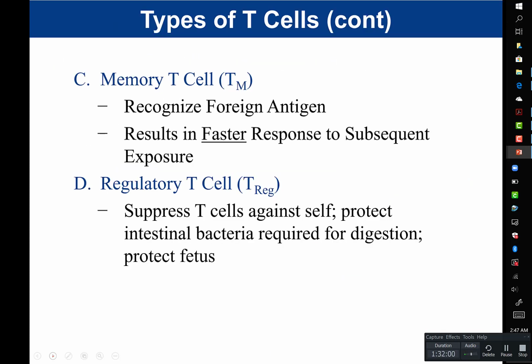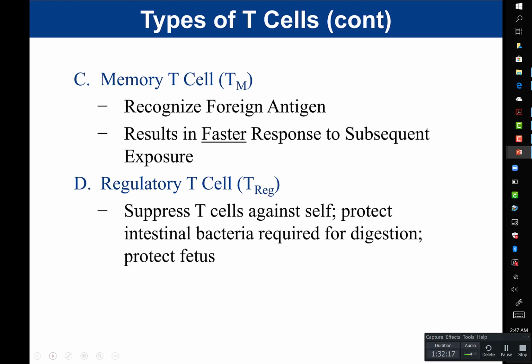So other types of T cells involve memory T cells. These are going to recognize a foreign antigen, and it results in a faster response to a subsequent exposure.